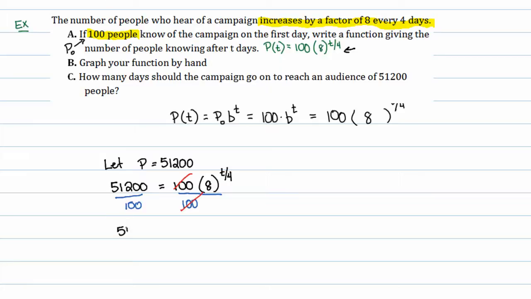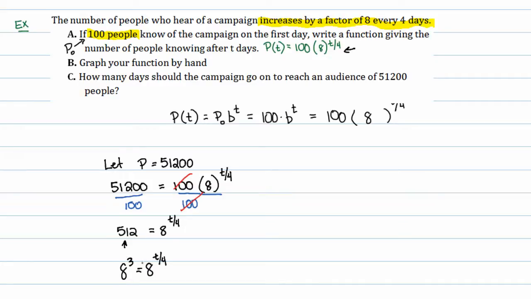We get 512 is equal to 8 raised to the t/4. Now, geez, I would really love it if 512 was a power of 8. That'd be awesome. If it's not, then I have to resort to powers of something that I can write 8 in terms of. If you grab a calculator and you start looking for powers of 8, you'll find out that 8 to the 3rd power is going to be 512. So this is actually equal to 8 to the 3rd power.